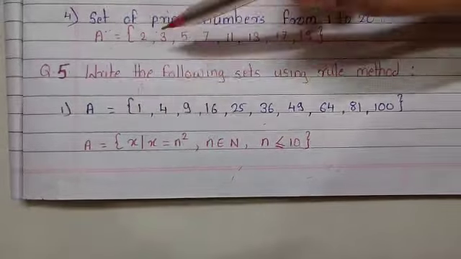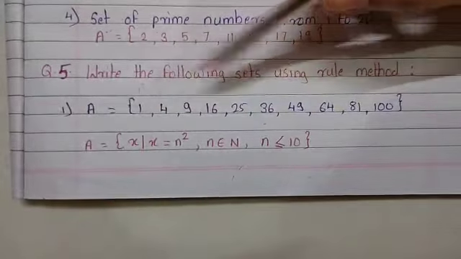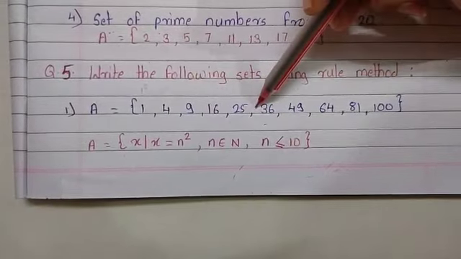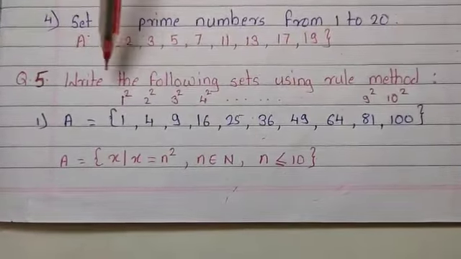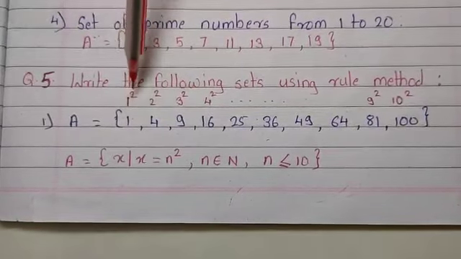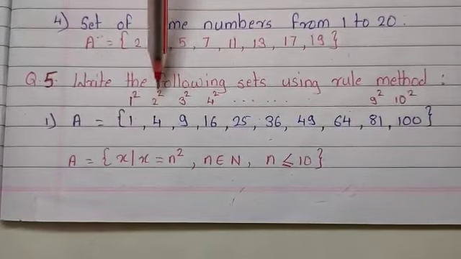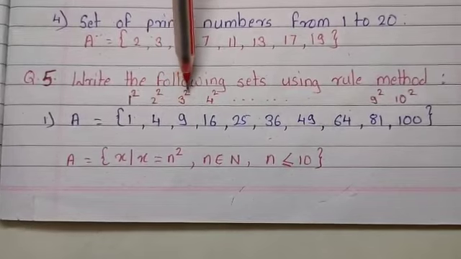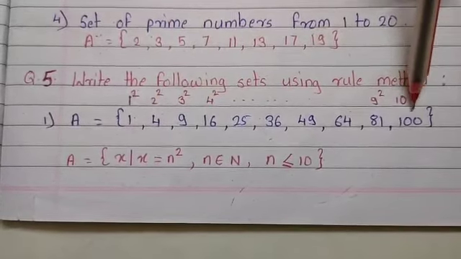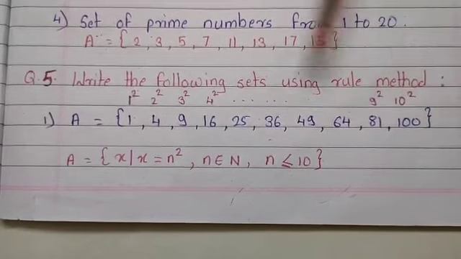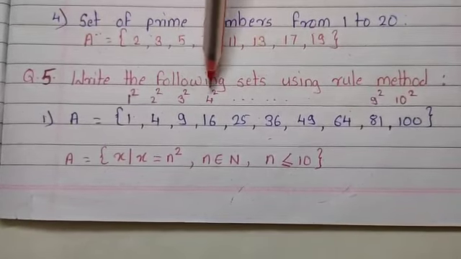And what I got? These 1, 4, 9, 16 are the squares of numbers. Like 1 is the square of 1, 4 is the square of 2, 9 is the square of 3, 16 is the square of 4, till the square of 10. So this is a list of squares of numbers.